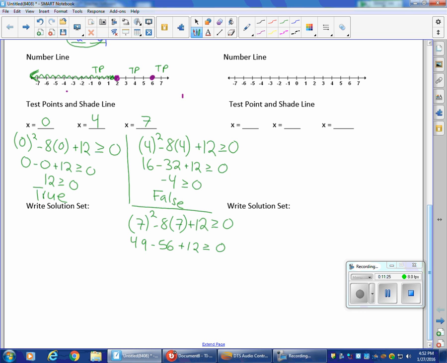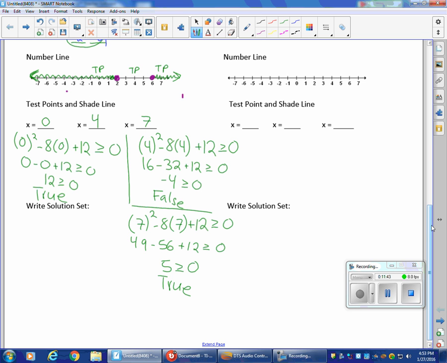Minus 56 should be 5. 5 is greater than or equal to 0. Oh, we got another true statement. So that means up here, I want to shade my right side tail as well.